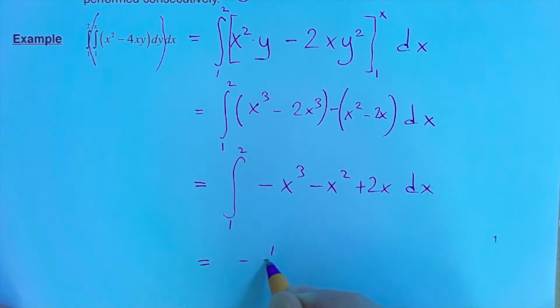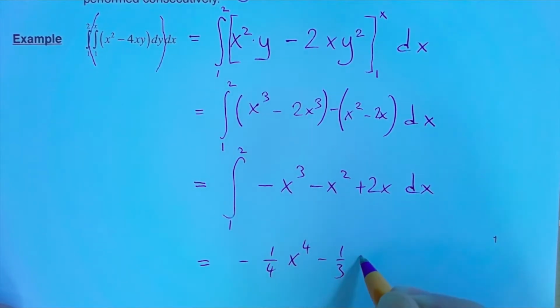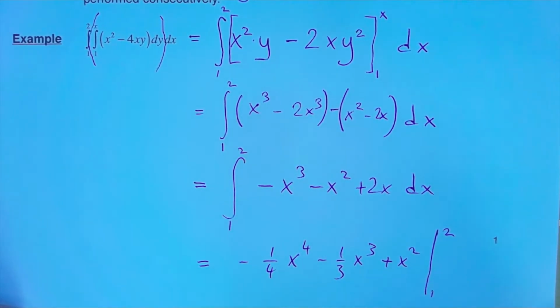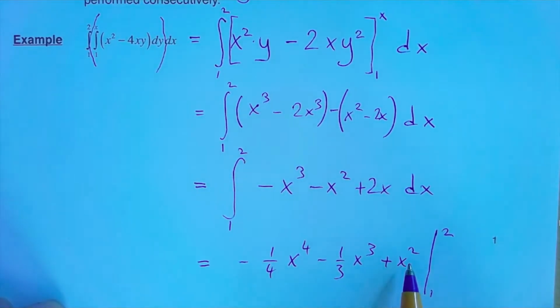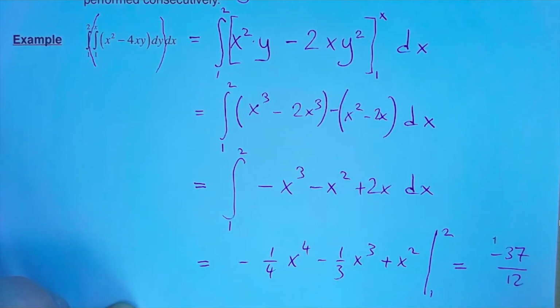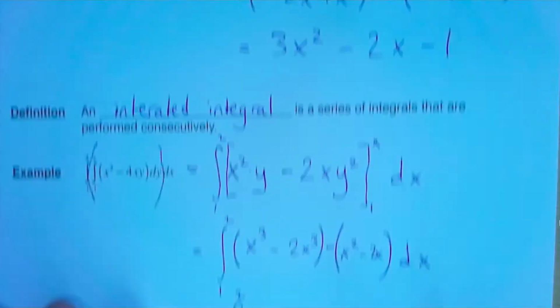That becomes negative 1 over 4 x to the power 4 minus 1 over 3 x cubed plus x squared from 1 to 2, and if you plug in x equals 2, x equals 1, and you subtract, what you get is negative 37 over 12. I'm skipping here the part where we just substitute x equals 1 and x equals 2. Okay, moving on.